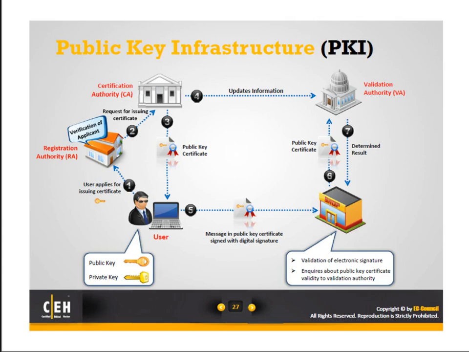The CA issues the public key information and then updates it back over to this VA, which looks like the White House or something, right? That VA actually is the one that helps us send emails to other entities across the world.